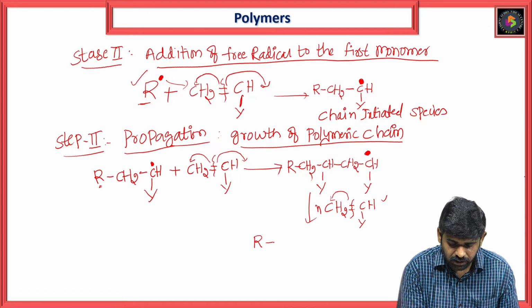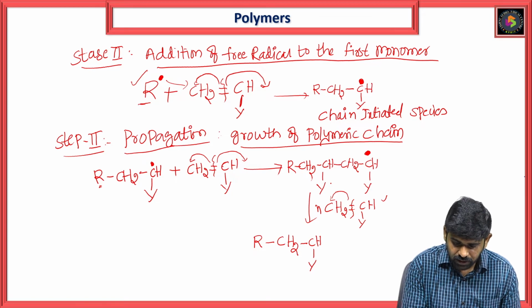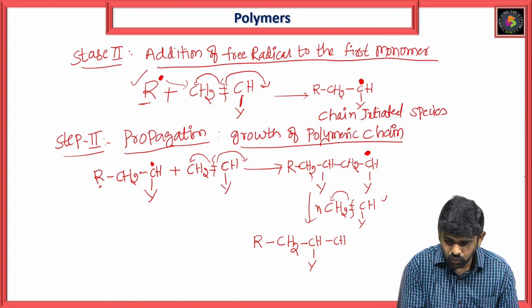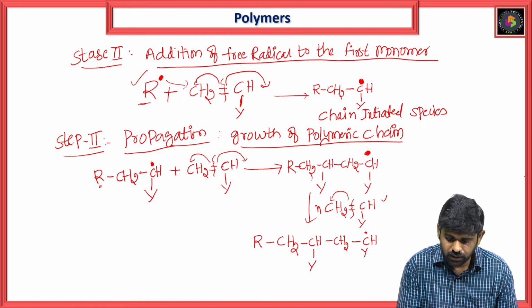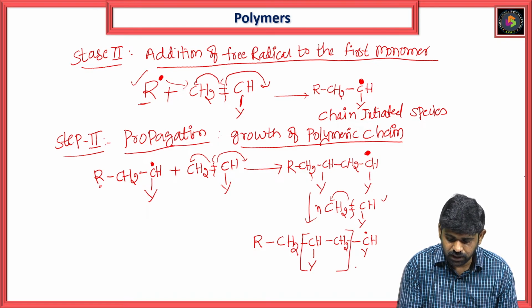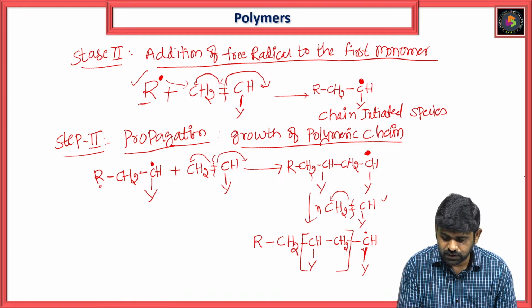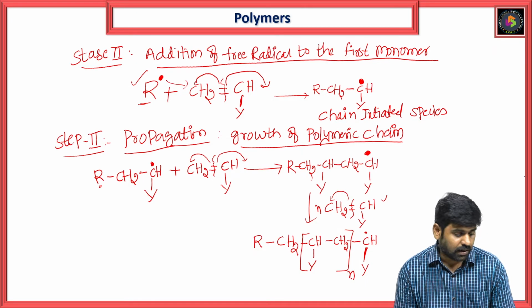So what should I write here? Living polymer, that is RCH2CHY, next CH2CH dot Y taken N times, CHY taken N times.